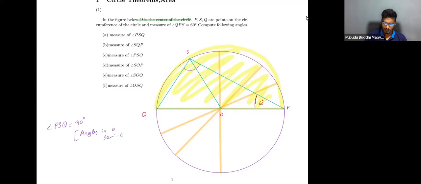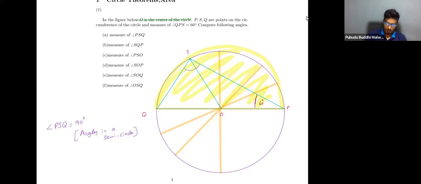Now that's a very good starting point, because we can use it to compute all the other angles. 60 degrees is not sufficient to compute all the other angles. Now that we found another angle, we can compute angle SQP very easily. What do you think?